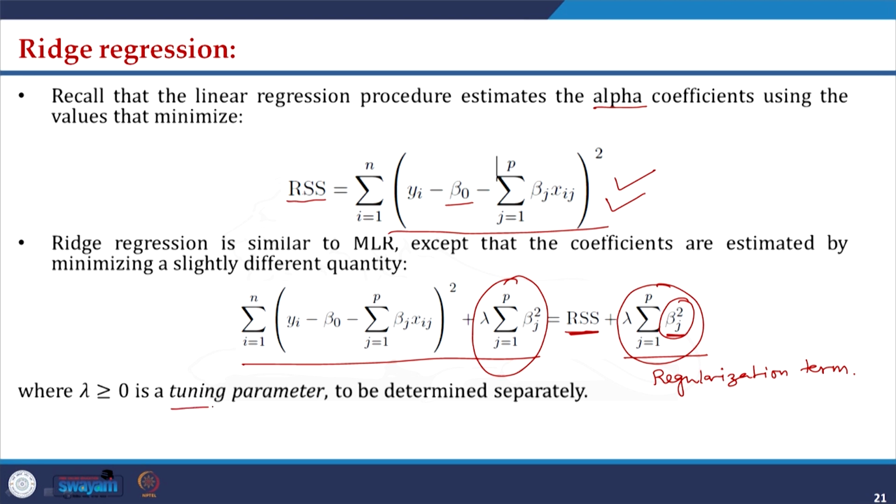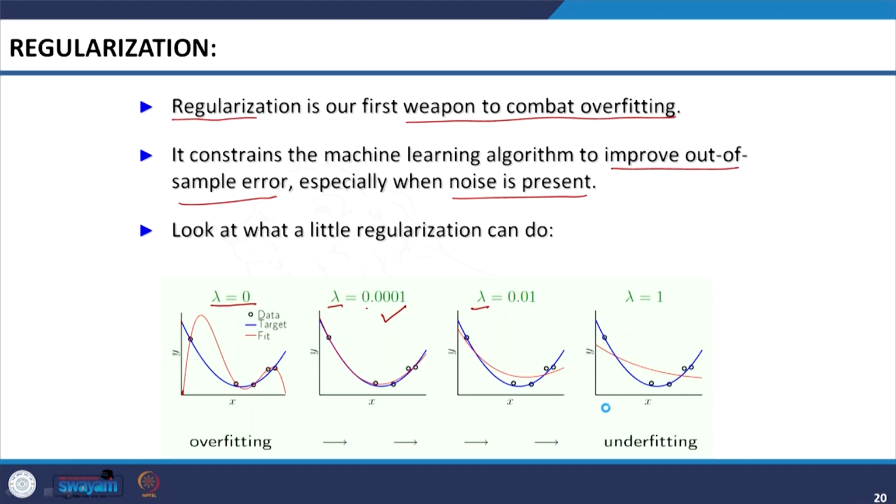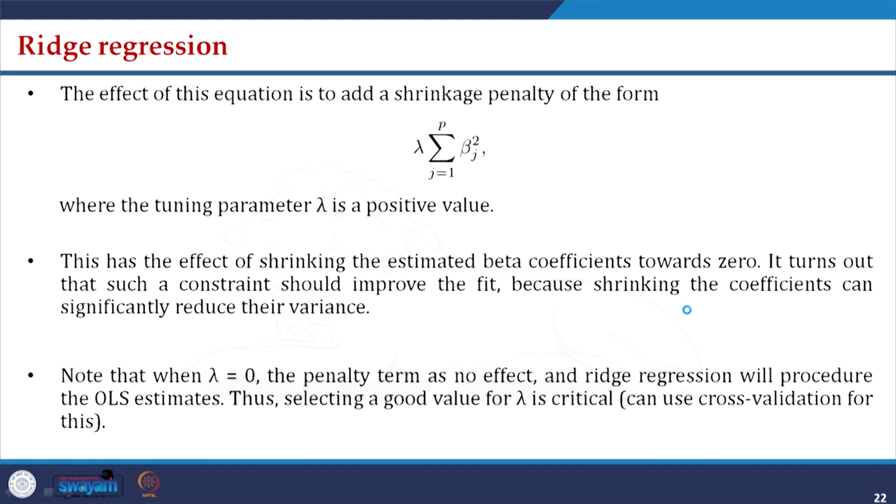Lambda is a tuning parameter and you can determine it. You can take different values of lambda; here lambda 0 means it is the usual regression problem, but then you can take other values and see the effect. The value of lambda will depend on the data. The effect of this term is that it adds a shrinkage penalty of this form, and lambda is a positive value.